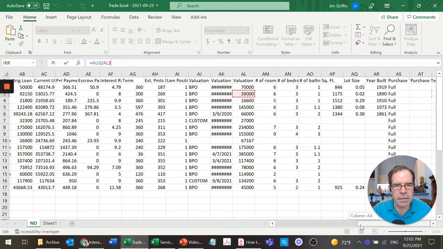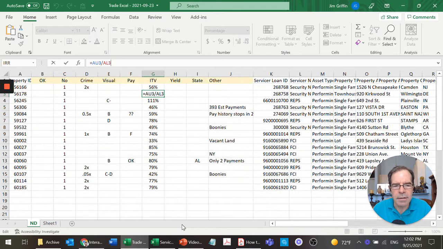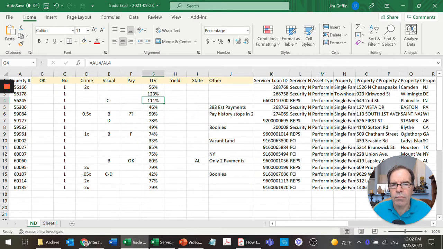But anyway, it's the price, and my goodness, they want me to spend 23% more for the note than the value of the property. Come on, man. I want to pay 70% or less, not 23% more.